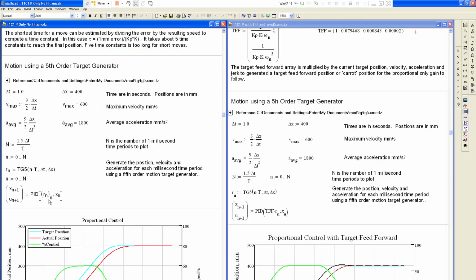You see right here, this is my target position generated by the fifth order target generator. And this is the current state. You can see the difference here is I just have to multiply this matrix here by the target.